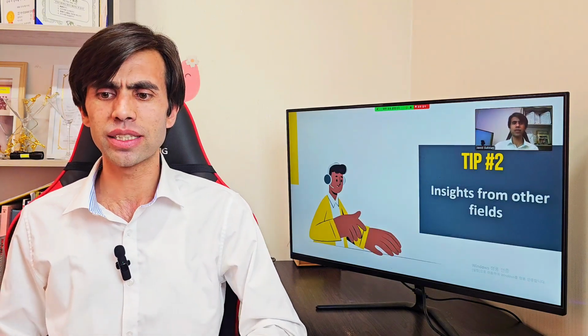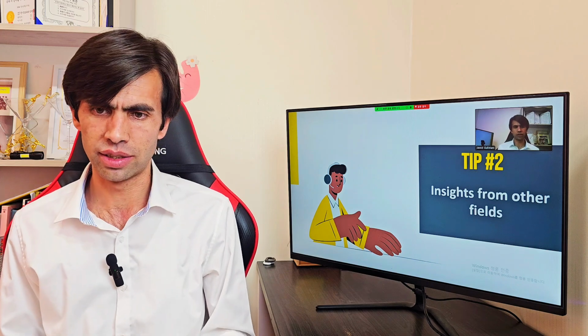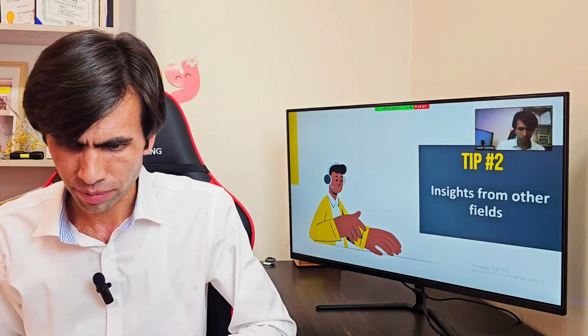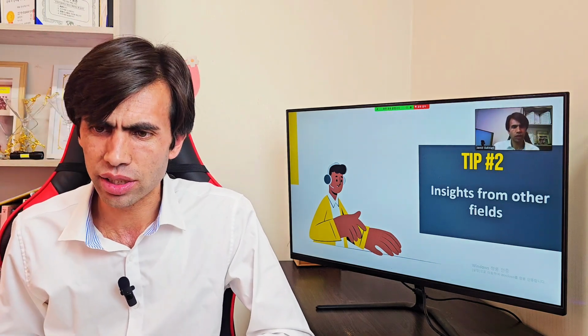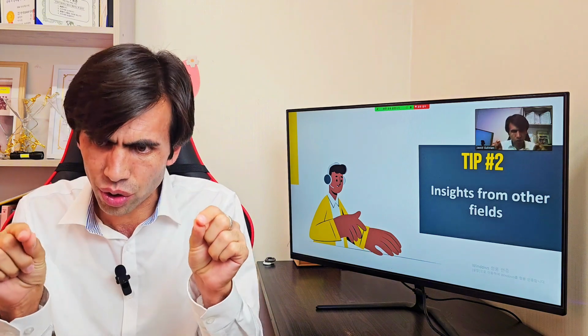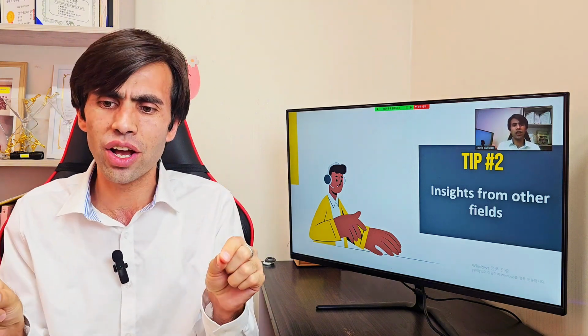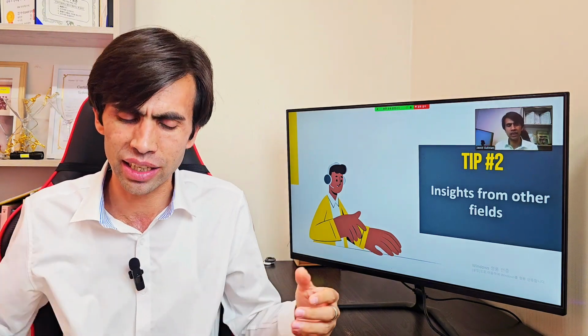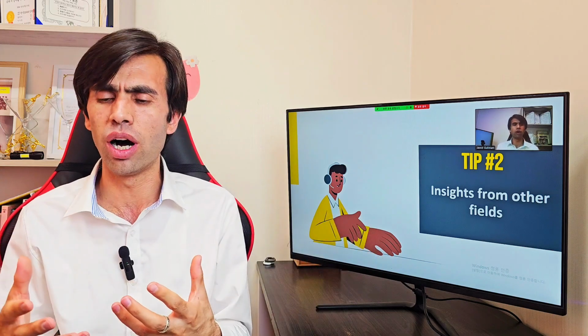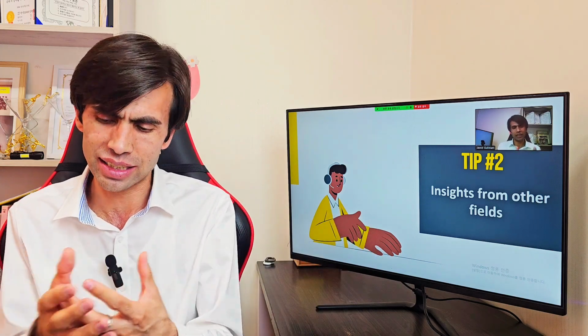And then the second tip is insight from other fields. You are not only going to create your research idea based on the narrow research area of your major, but rather get insight from other research areas and create some novel research.